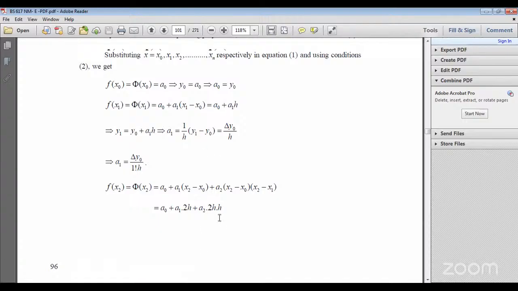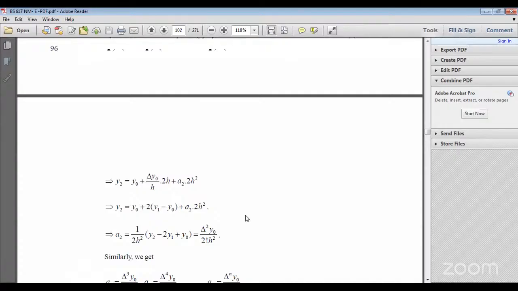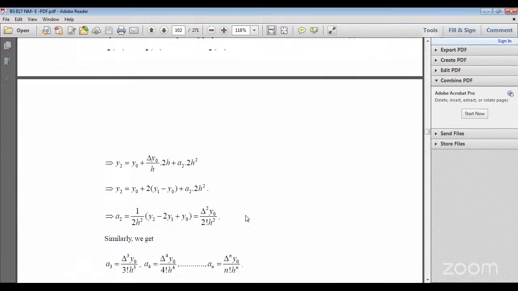Now we find phi of x2, which is a0 plus a1 times (x2 minus x0) plus a2 times (x2 minus x0)(x2 minus x1), that is a0 plus a1 into 2h plus a2 into 2h into h. And y2 is equal to y0 plus 2 times (y1 minus y0) plus a2 times 2h square.